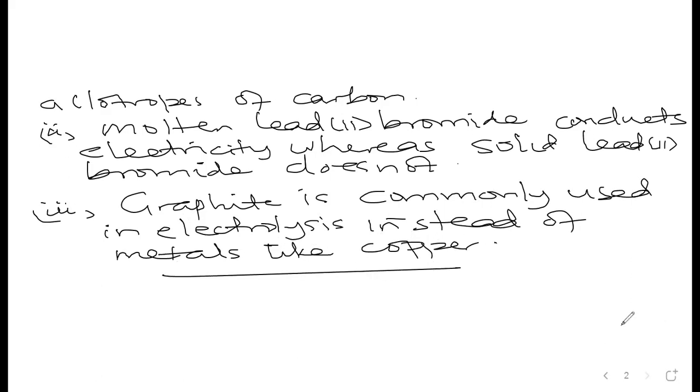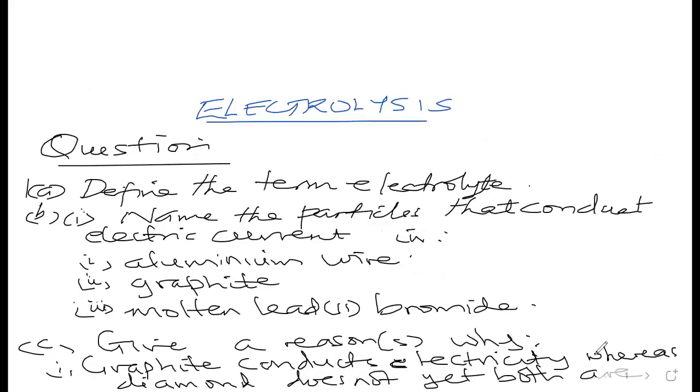So to answer this question, you need knowledge of all the previous lessons we have been having. Define the term electrolyte, name the particles that conduct electric current in aluminium wire, graphite, molten lead(II) bromide.